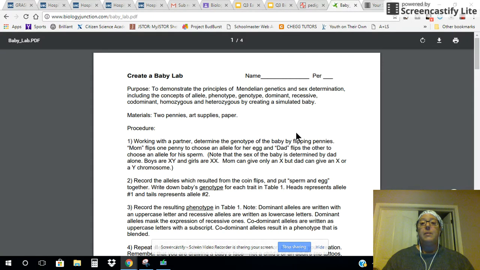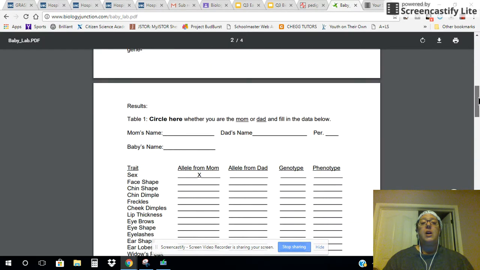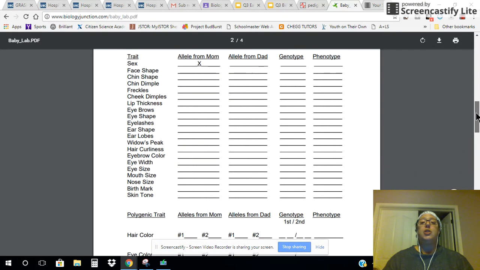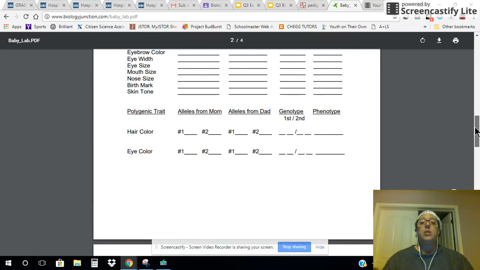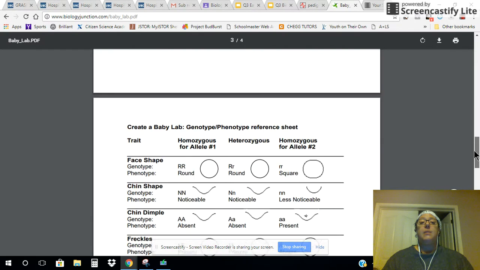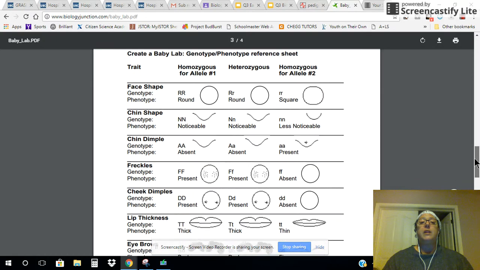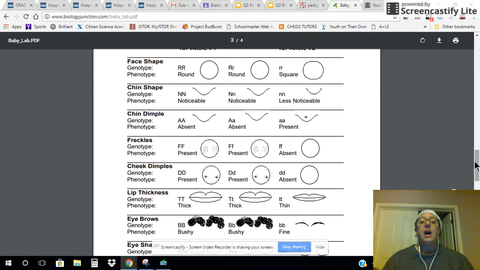This is the Create a Baby Lab. I will post this in the classroom, but it does need to be printed out because you have to write on page 2 your results in order to draw your kid. And then page 3 and page 4 actually show you what those traits will be. So you're going to be flipping pennies. I believe heads equals dominant, heads and tails equals dominant recessive, and tails means recessive.